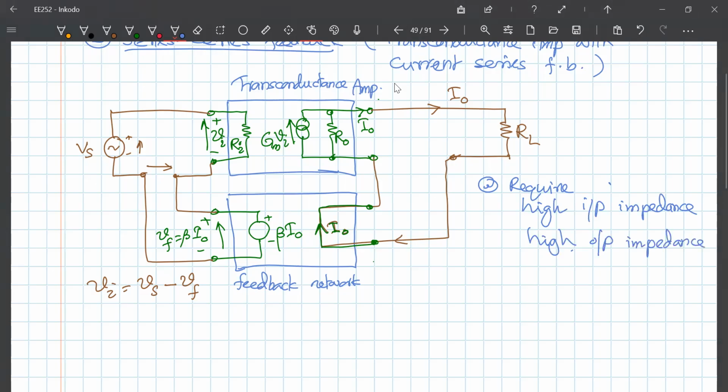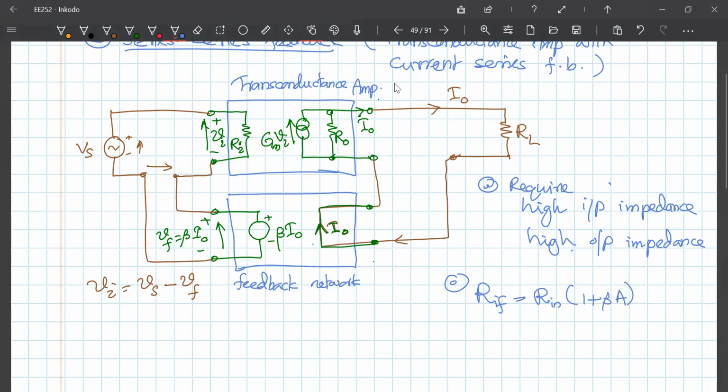Obviously the output impedance has not changed because of this; this is a short circuit. If you actually have a finite value for this impedance here, then the output impedance will be greater than Rout, so the resistance will add up. But Rin obviously will increase, which is equal to Rin times (1 plus beta A). That again will increase just like before.